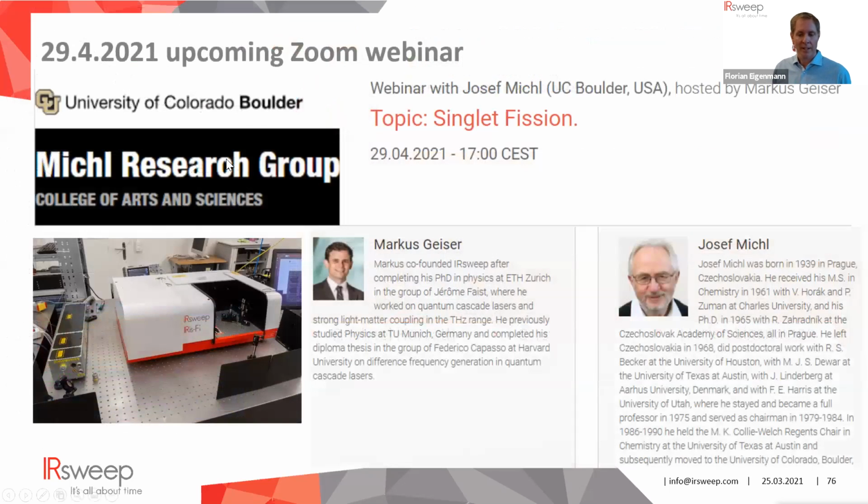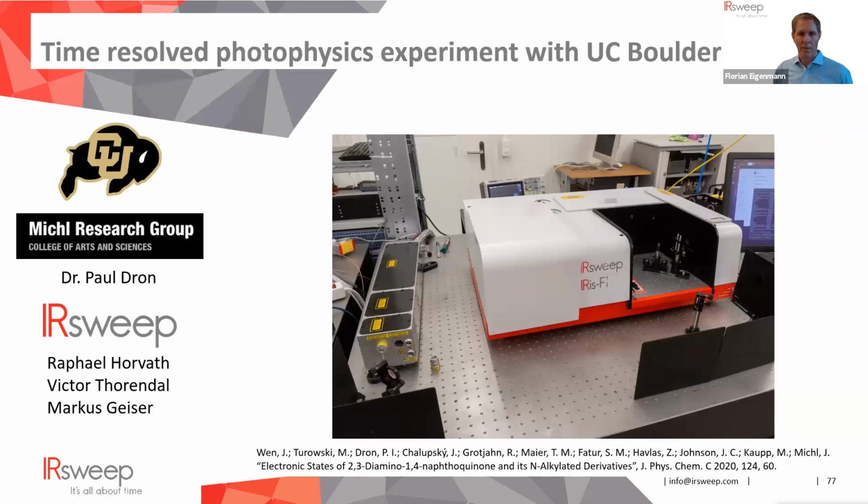If there are no more questions coming up, I just want to highlight also a next Zoom webinar, which we will host on the 29th of April, with Josef Michel, and Markus Geisler will host this webinar. It will really nicely show the use of the IRsweep for photophysics experiments with UC Boulder.